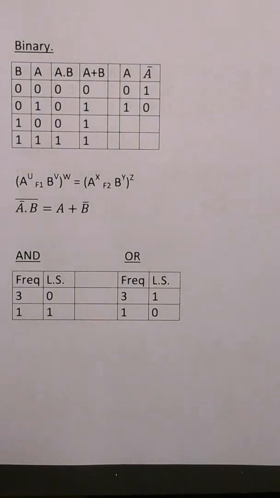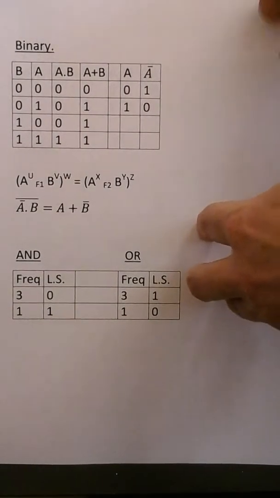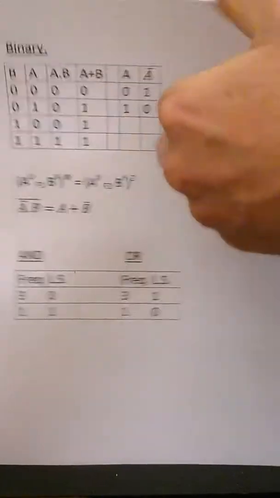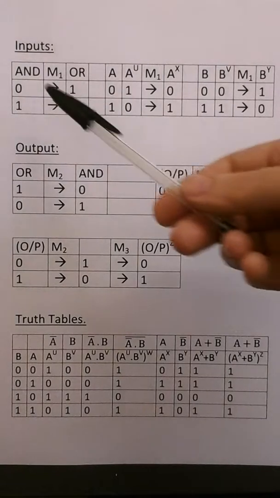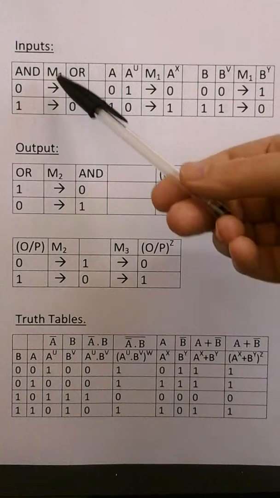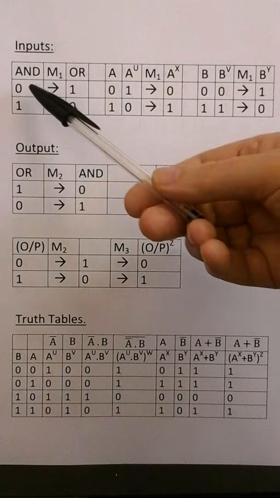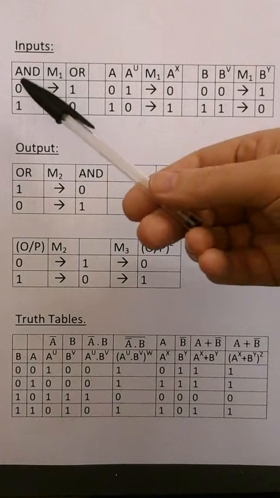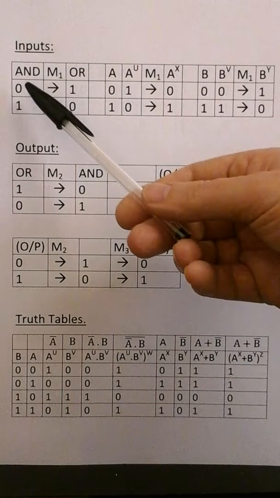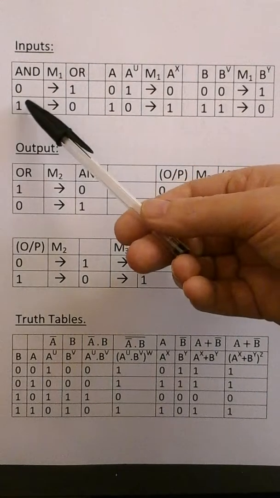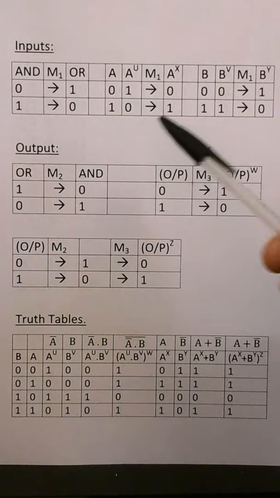So here we have the mapping M1, M for mapping, M1. So we take the output from the AND to the OR function. So 0 goes to 1 and 1 goes to 0.